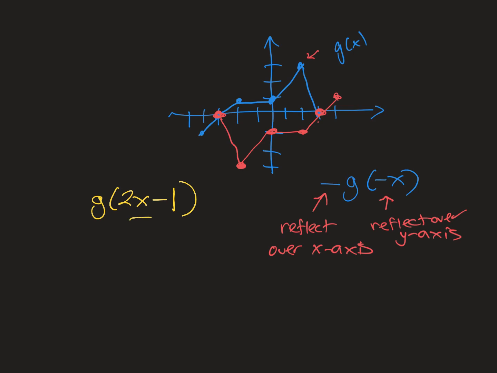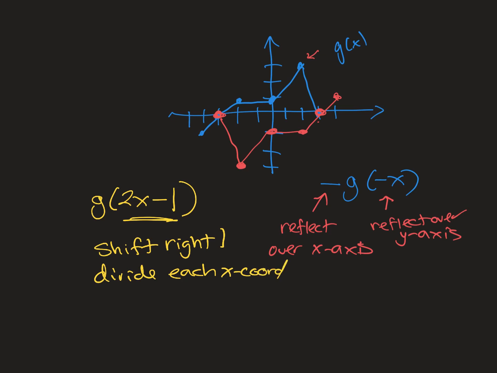There's only a domain effector here. There's nothing outside of g. So this means the first thing I'm going to do, remember reverse order of operations, is shift right 1. And then I'm going to divide each x coordinate by 2. So that order matters. So it's shifting right and then a horizontal shrinkage. So the graph should look more horizontally shrunk or smushed.